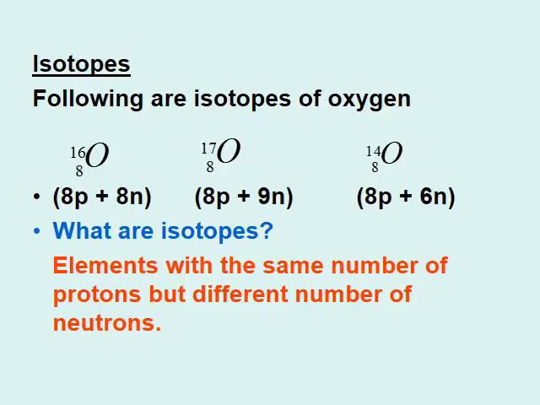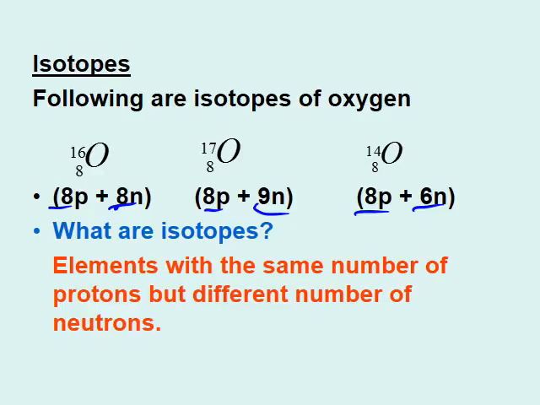Here we are showing you 3 different isotopes of oxygen. Oxygen-16, oxygen-17, oxygen-14. Again, since they're all oxygen, the protons have to be the same, 8 protons, 8 protons, 8 protons. In the first case, you have 8 neutrons, that makes 16, 9 neutrons in the second case, which is 17, and 6 neutrons in the third case, that gives mass 14 for the third isotope.